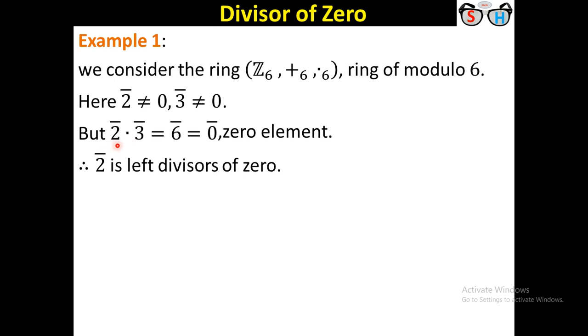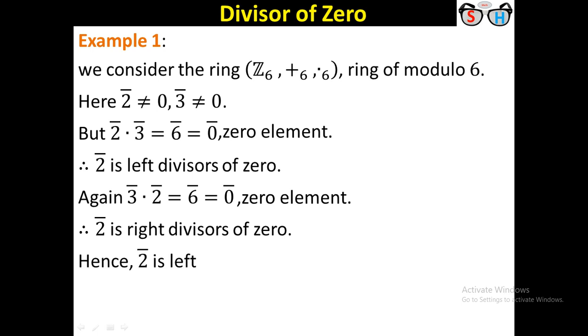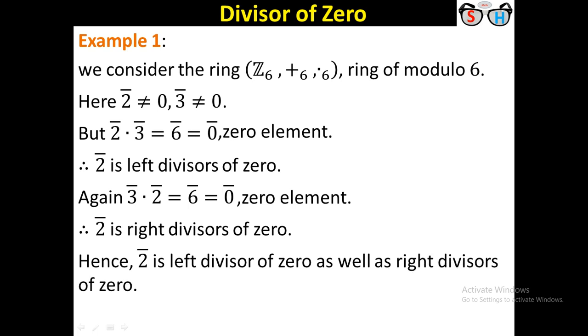Similarly, we can write 3 bar into 2 bar equals 0 bar, the zero element. Here 2 bar is on the right side of the multiplication, so 2 bar is a right divisor of 0. So 2 bar is both a right divisor of 0 and a left divisor of 0.